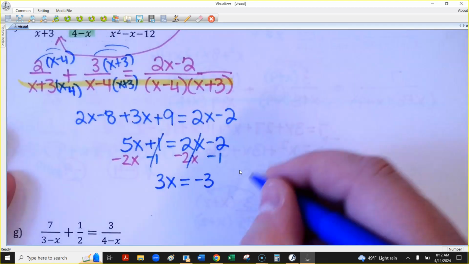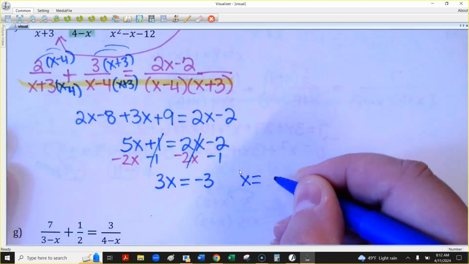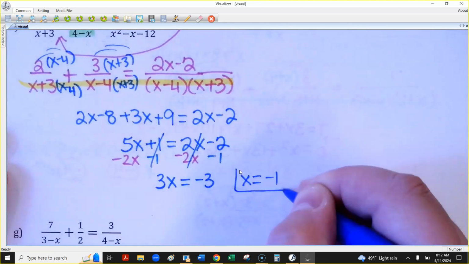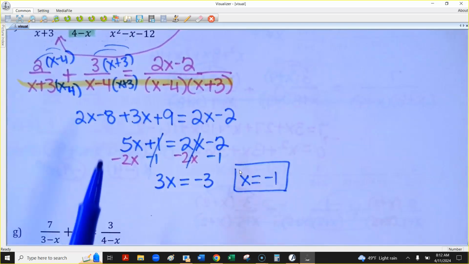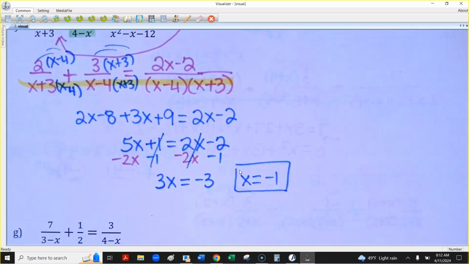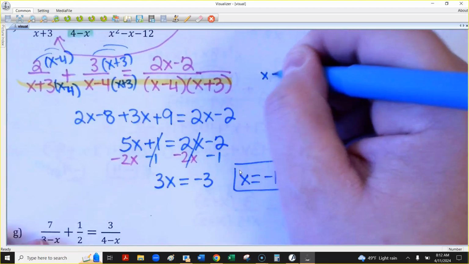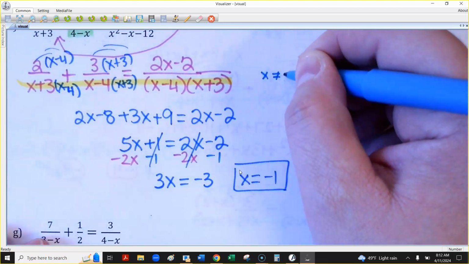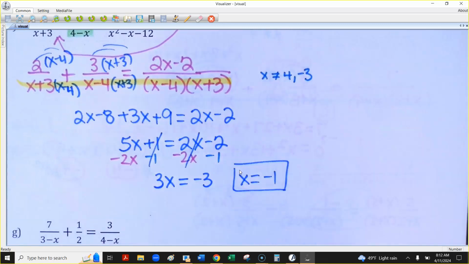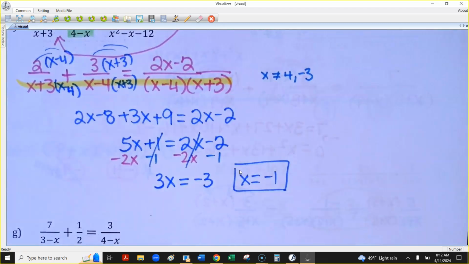So then what's x going to be? -1. And then just real quick, check before you write your answer. That doesn't cause you a problem. We should be good to go here. Numbers that your x cannot be for this question would be 4 and -3 if I were to ask you for restrictions there. So that's not going to cause us a problem. So -1's our answer.